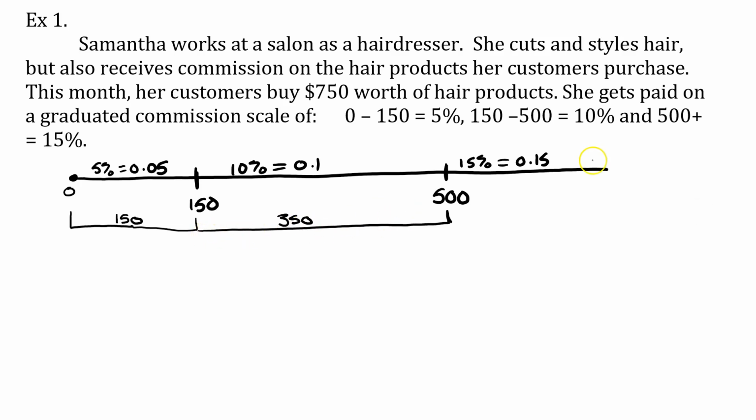And the amount that she sells is 750. So the difference between 750 and 500 is 250. So since her sales span all 3 of these commissions, we're going to have to do 3 calculations.